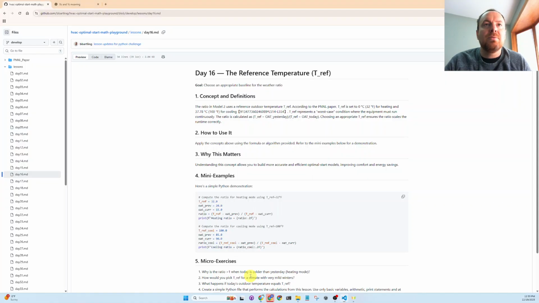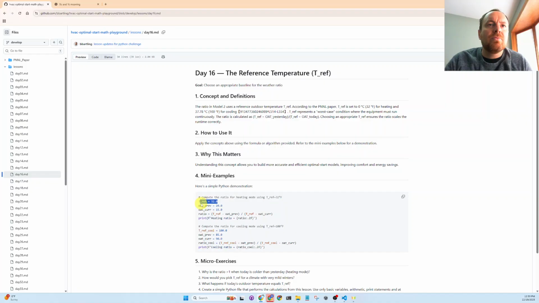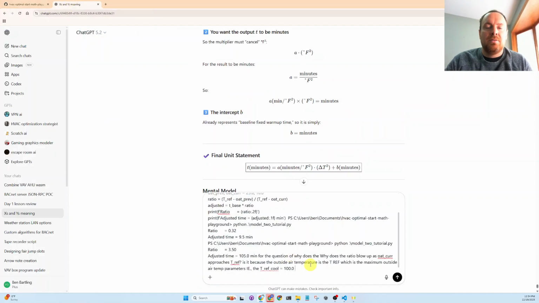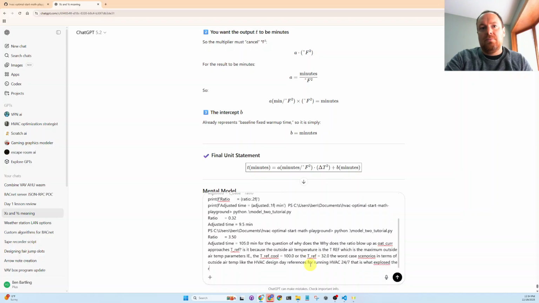They were these guys. Or this. The worst case scenarios in terms of outside air temp, like the HVAC design day references for running HVAC 24/7. That is what explodes the ratios.